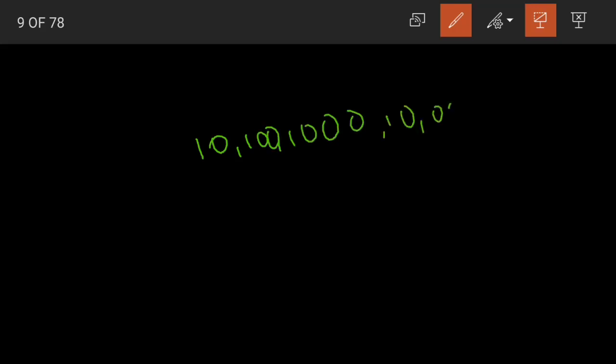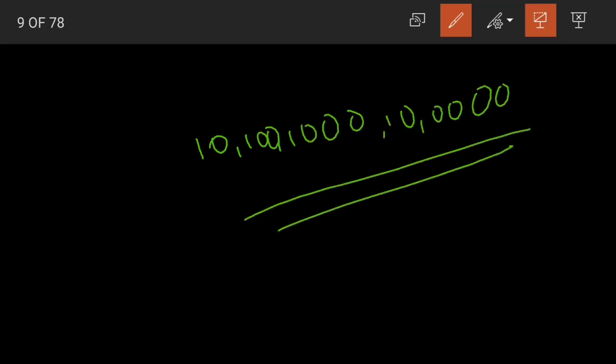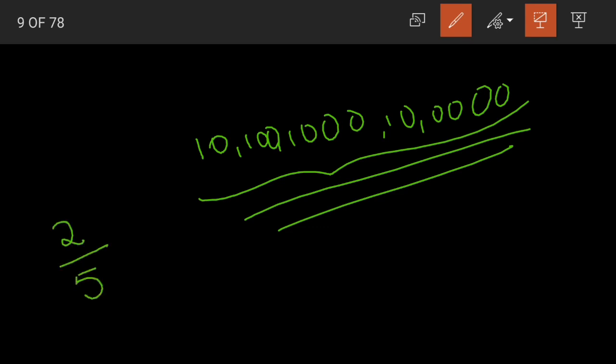Only those fractions which have 10, 100, 1000, 10,000 etc. as their denominators. Now what about the fractions which do not have these denominators? Let us say 2 by 5. This is not having any of these as the denominator. Now how to convert this fraction into a decimal number? We will learn about it in the next class.